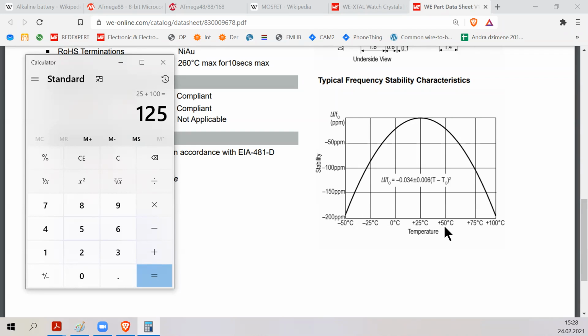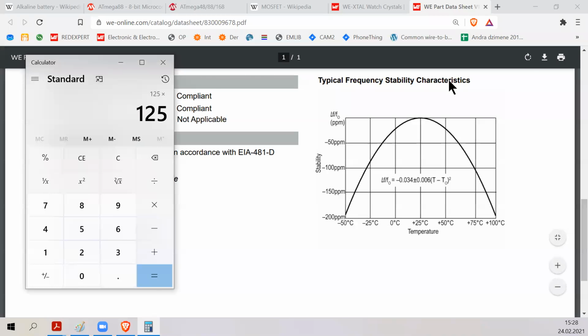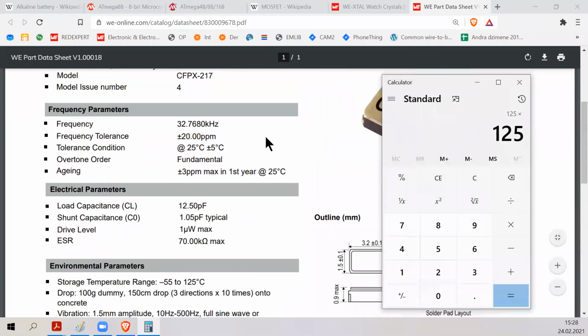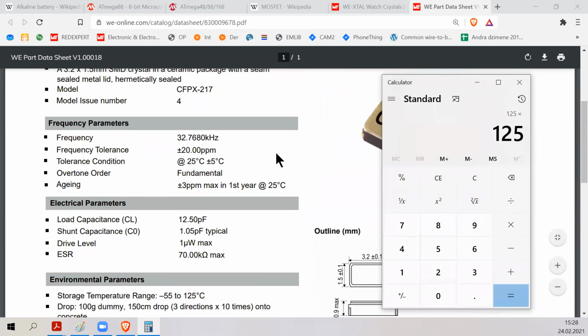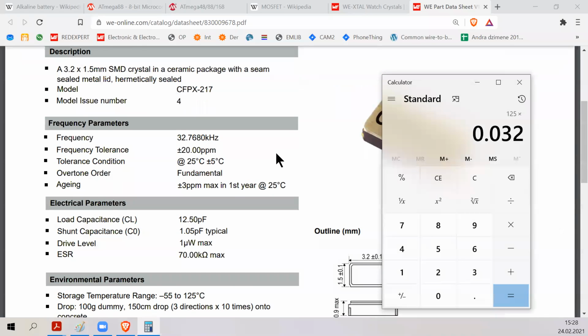Now we multiply this by the millions of hertz. So 32 kilohertz is 0.032768 million hertz. And as a result, unfortunately, the frequency can shift by approximately 4 hertz.